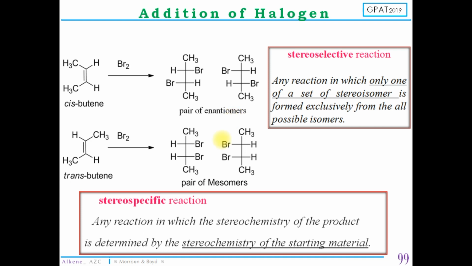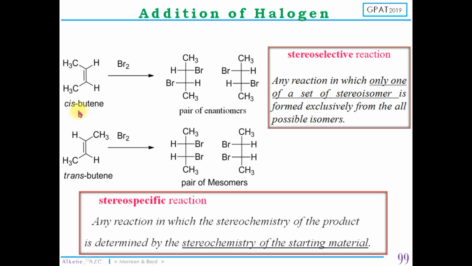A stereospecific reaction is any reaction in which the stereochemistry of the product is determined by the stereochemistry of the starting material. As in our example, the meso compound is formed because we have trans stereochemistry of the alkene, and enantiomers are formed because the starting material has cis stereochemistry.